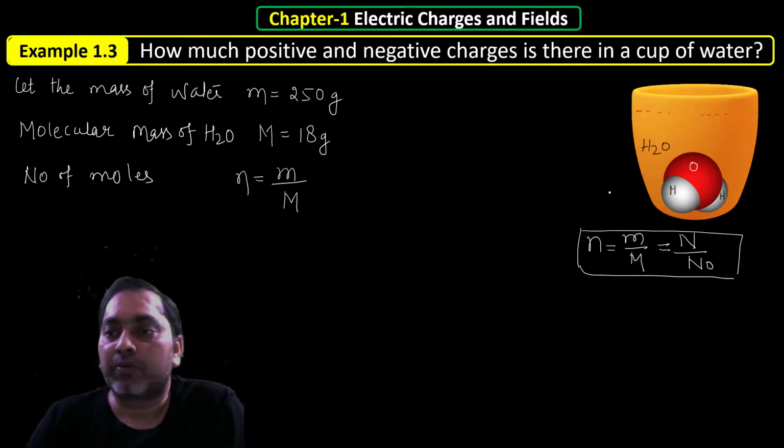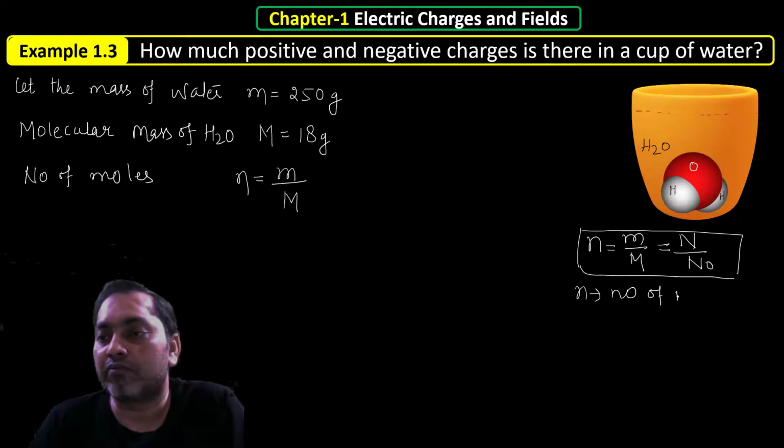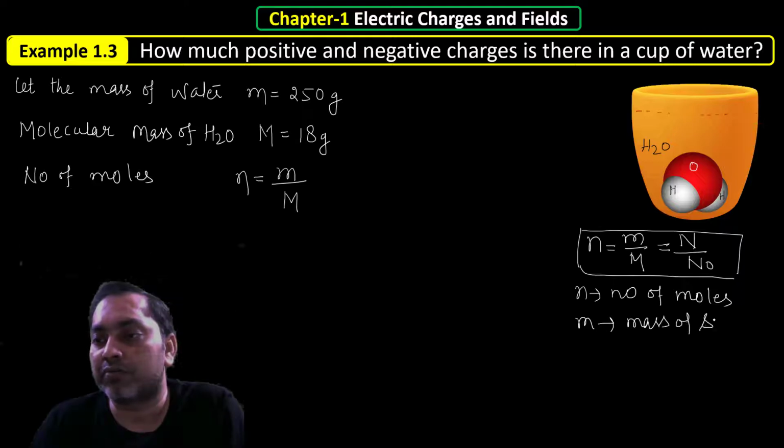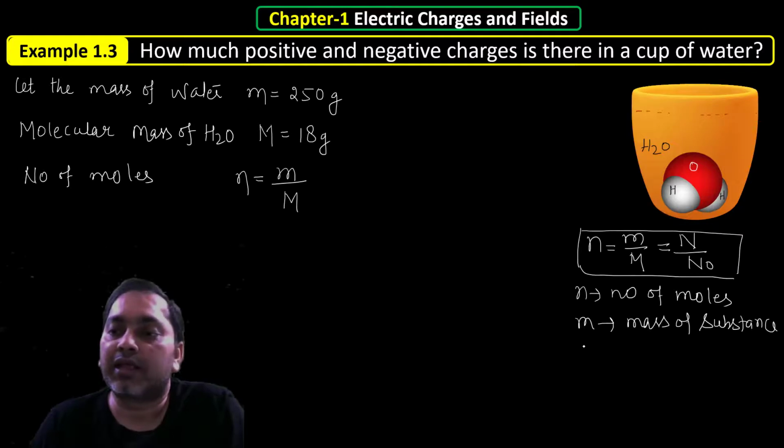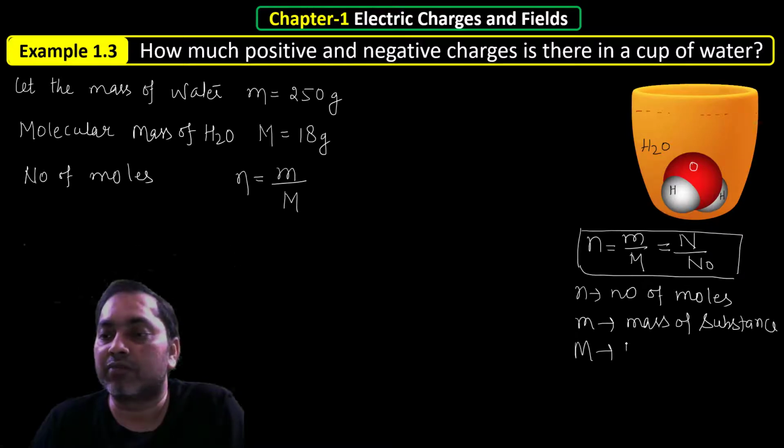Here, what are the terms used? n is the number of moles, and m, as I just said, is the mass of the substance we are using here; like water is our substance here. Capital M is the molecular mass.